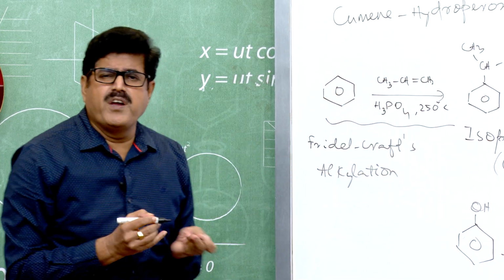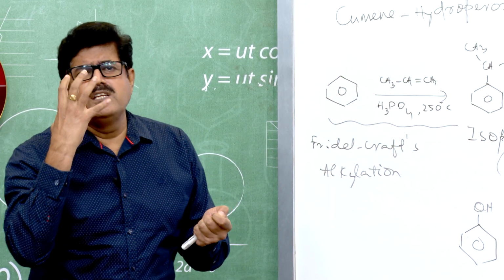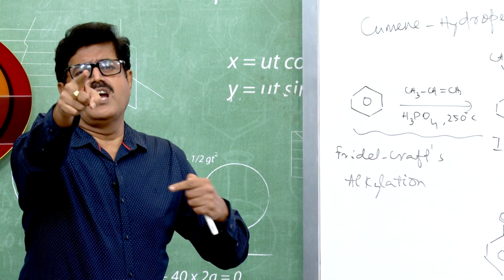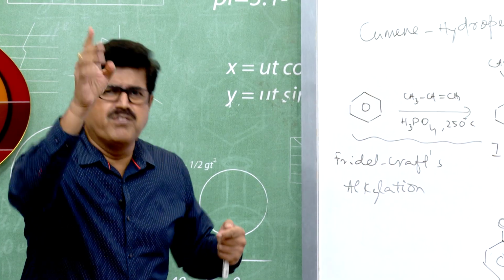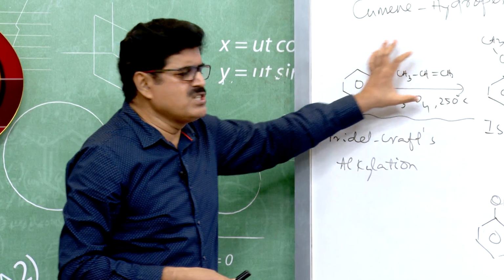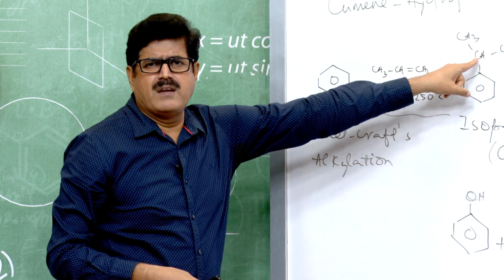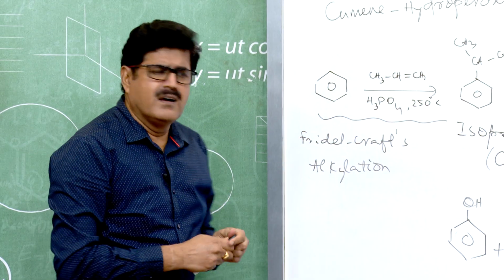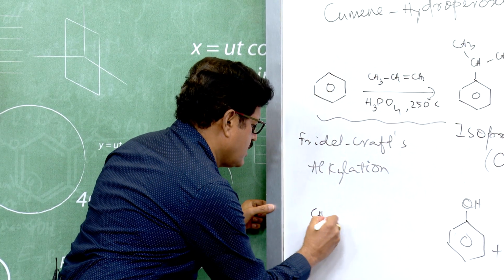Whenever you see benzene, the first reaction that strikes our mind is electrophilic substitution. So, benzene with propene gives isopropyl benzene, and the electrophile is the isopropyl carbocation.